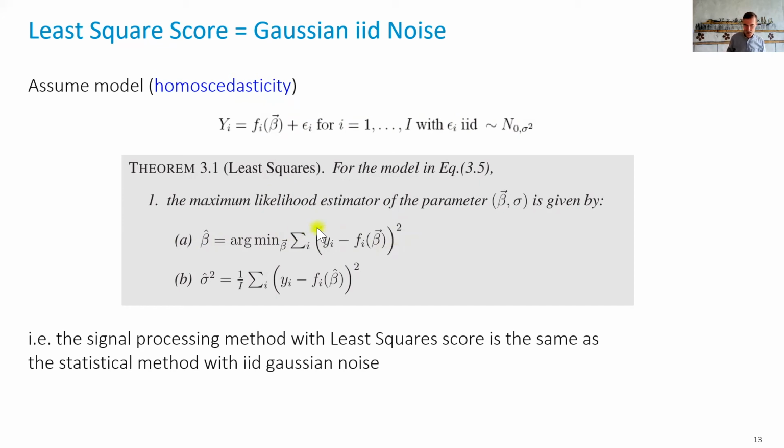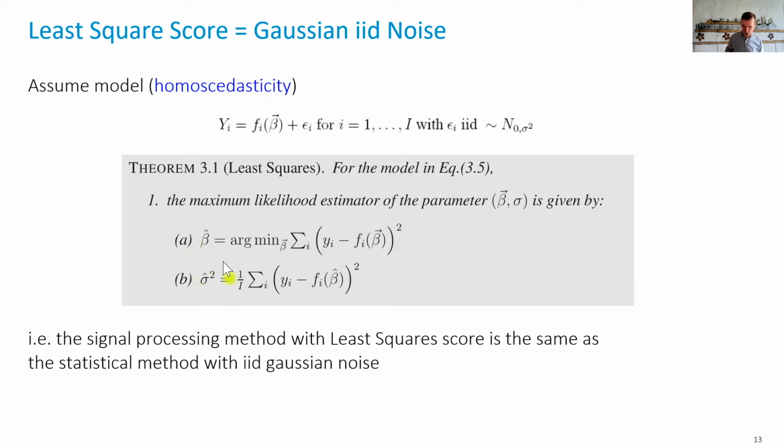This is why this is called least square. The square error is, for every data point y, the difference between the data point and the theoretical value that I should have had. And I look for the value of the parameter that minimizes this.